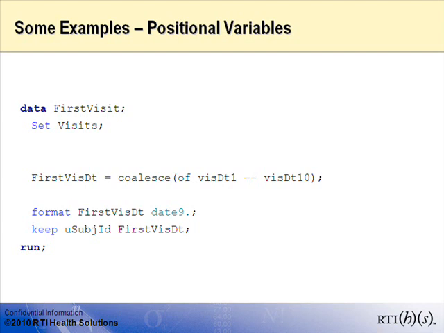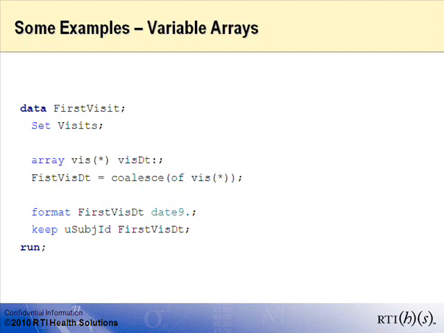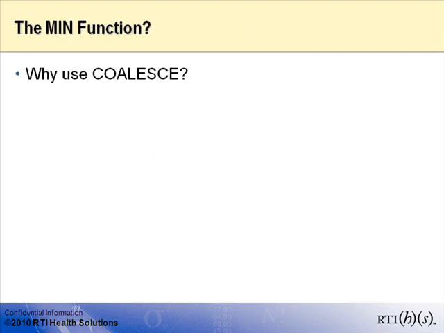In this example, the COALESCE function will receive the variables visdt1, visdt10, and any other variables in between those two variables as per the program data vector. Note, if there is a mixture of character and numeric variables between the variables specified, the dataset will throw an error. You can also specify variables as part of an array or as an entire array itself.